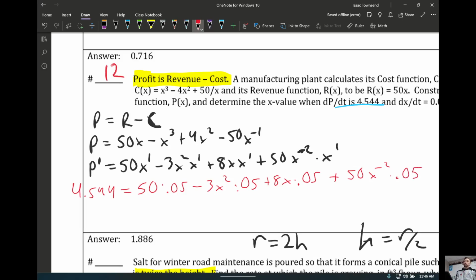You plug that in everywhere it's supposed to go, and you plug in the derivative of p, then you're left with an equation that only has x's. So it is solvable now, but to solve this you need to use your calculator.